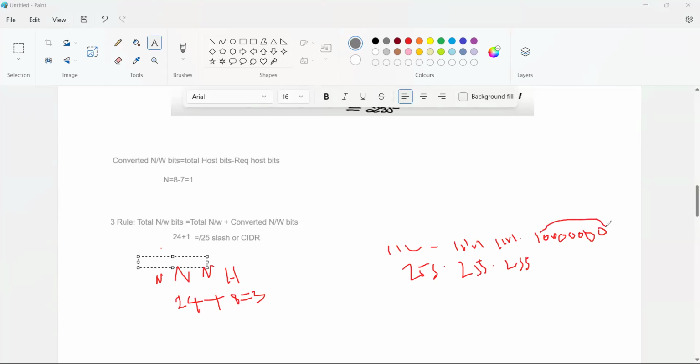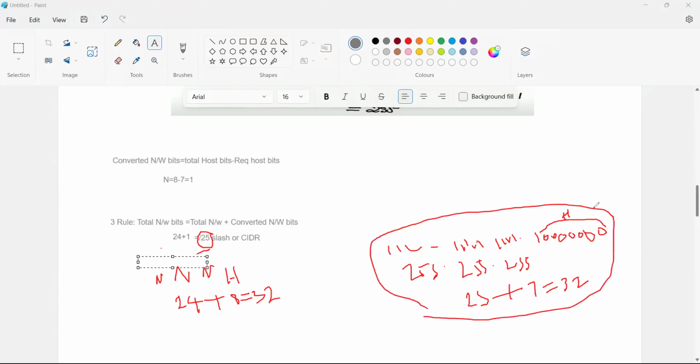Up to here only are my network bits, because I got the slash value as this one, 25. 25 plus 7, we get the answer 32 again. Actual values also give 32, and whenever you did subnetting, you also got the 32 value.